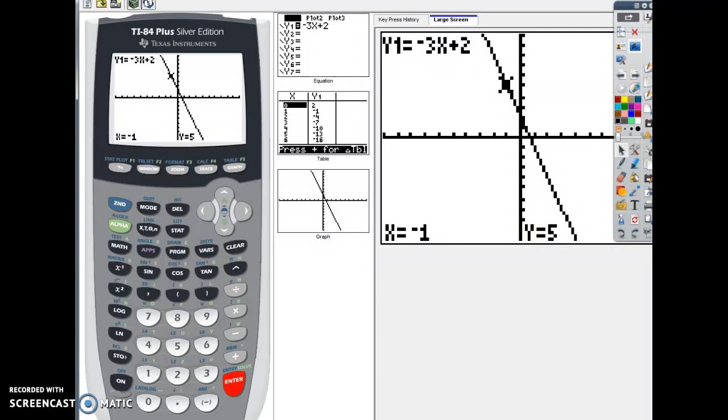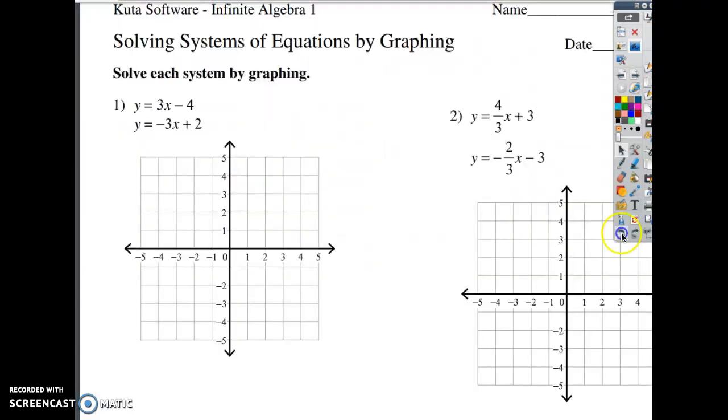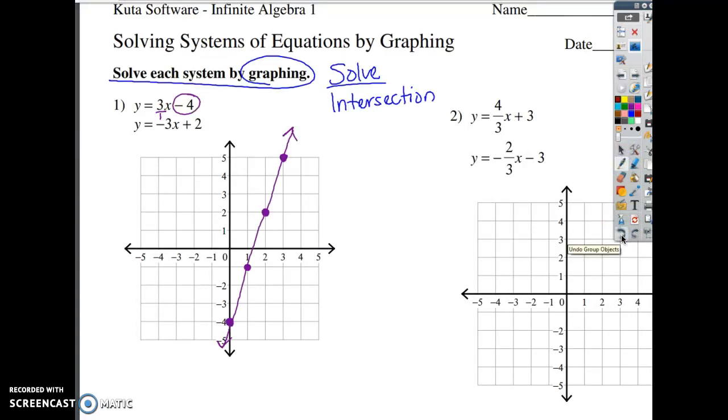Okay, and if I do it by hand, you're going to get the same numbers, the same dots. So again, we start at positive 2. That was the first point we saw on the calculator. And we went down 3, 1, 2, 3 over 1, because it's negative 3 over 1. So we're going down 3 to the right 1.